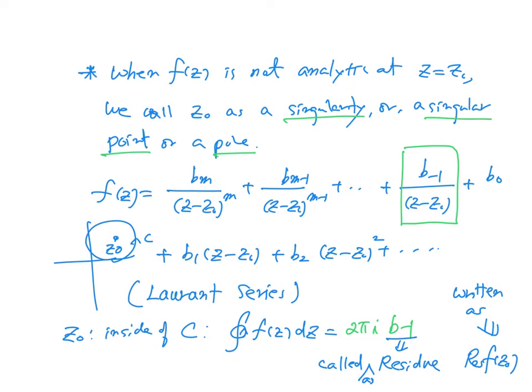So the function can be very, very complicated. But when you do this integral, the only information we need about this function is this coefficient, b minus 1. The function itself can be extremely complicated, but it's the only information we need.